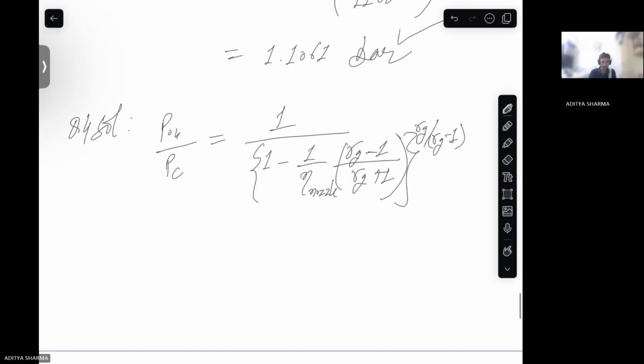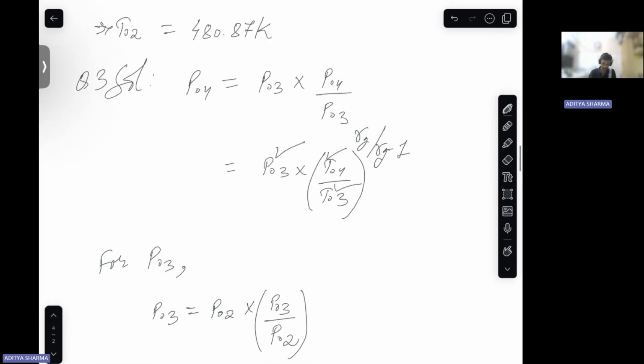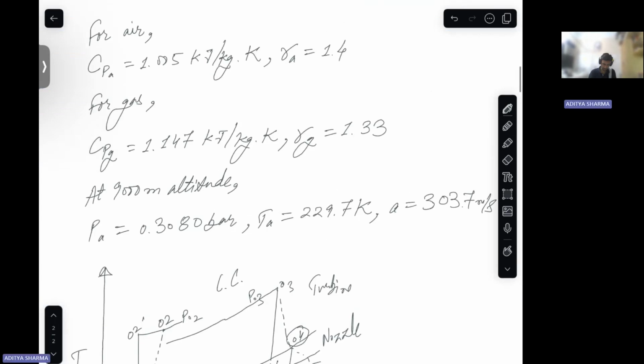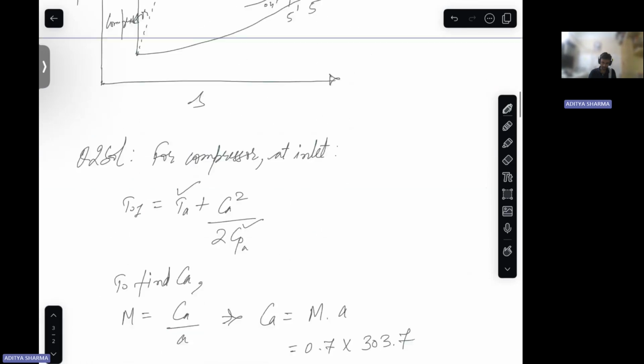Okay. So if you place the values here, nozzle efficiency is 0.93.